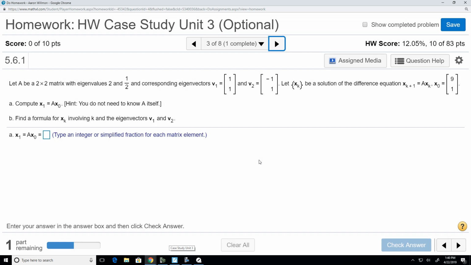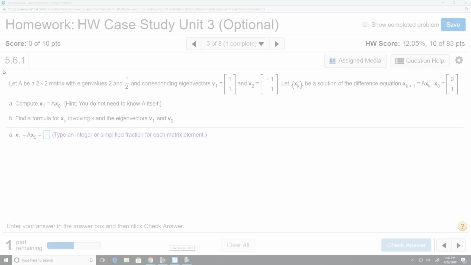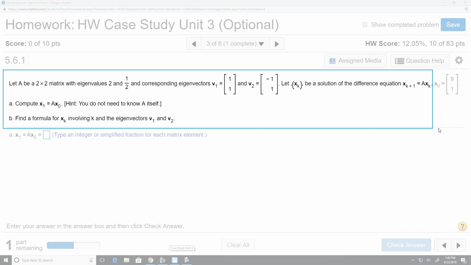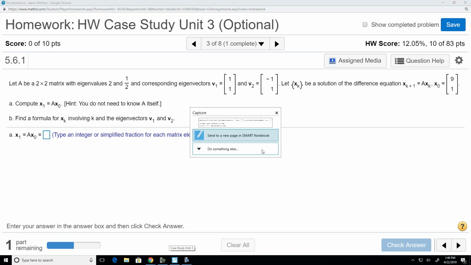But just know once you get that eigenvalue pair and you get that first eigenvector, you can get the second one pretty easy. Okay. Any questions?